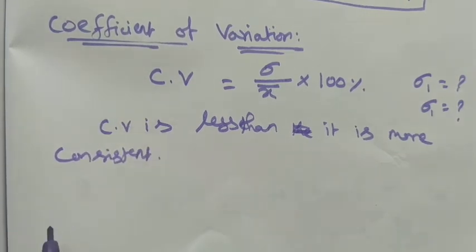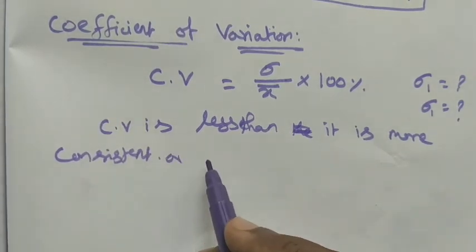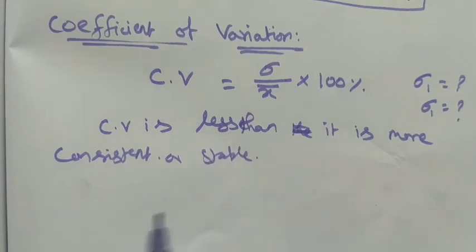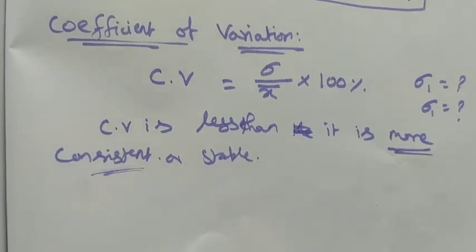We call it more consistent or more stable. The one with the lesser coefficient of variation is the more stable. That's why we are finding the coefficient of variation. So the data with the lesser coefficient of variation is more consistent or more stable.